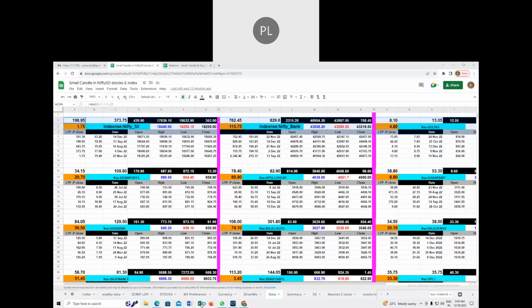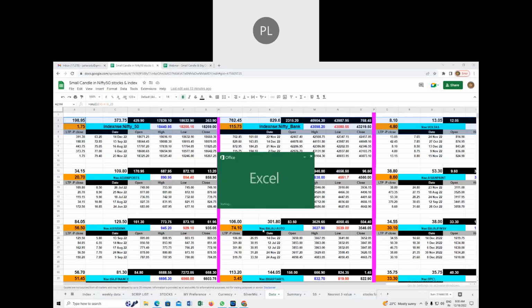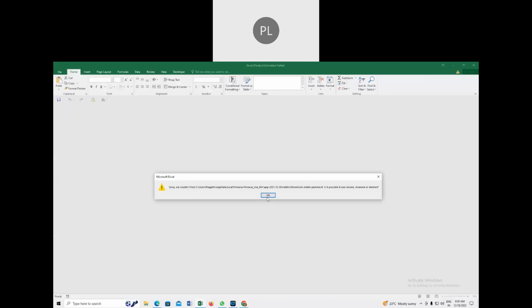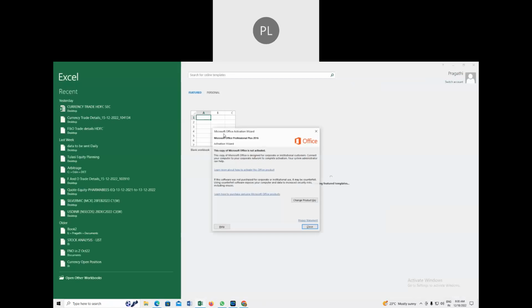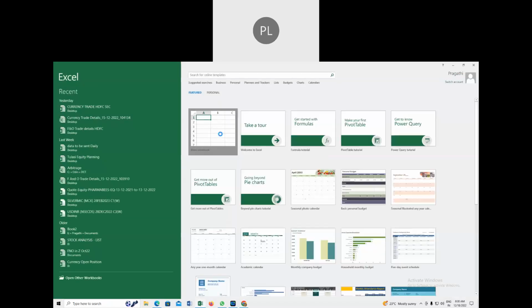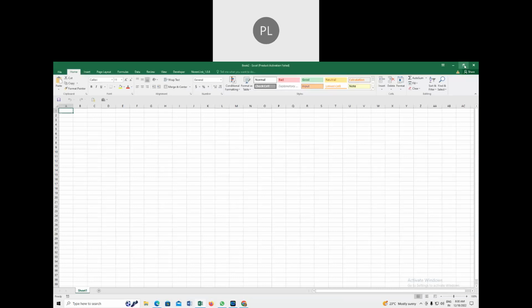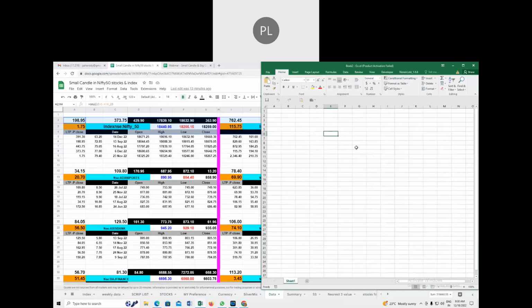Now let us see an Excel and understand what are the values where we have to make a marking on the chart. Now if you see, this is the high and this is the low.